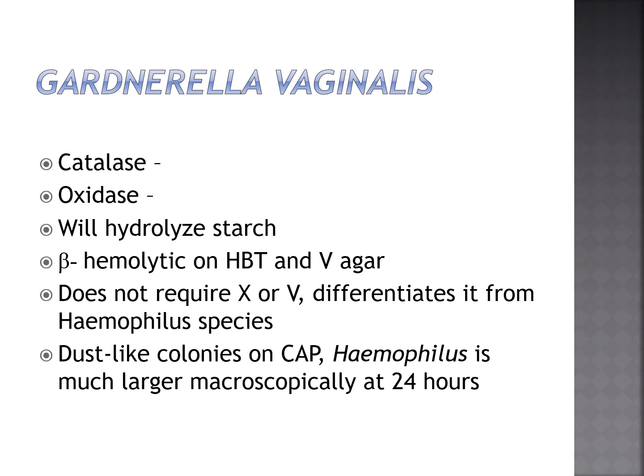It's beta hemolytic on HBT and V-agar. It does not require the X or V factors, which kind of differentiates it from Haemophilus species. On chocolate agar and blood, it is very dust-like and very, very small, much smaller than Haemophilus. Haemophilus is much larger than Gardnerella vaginalis.